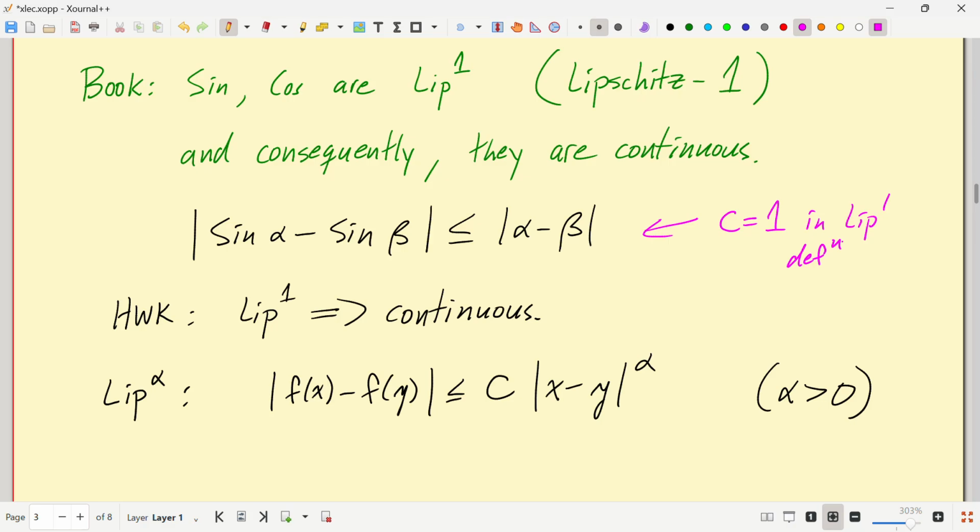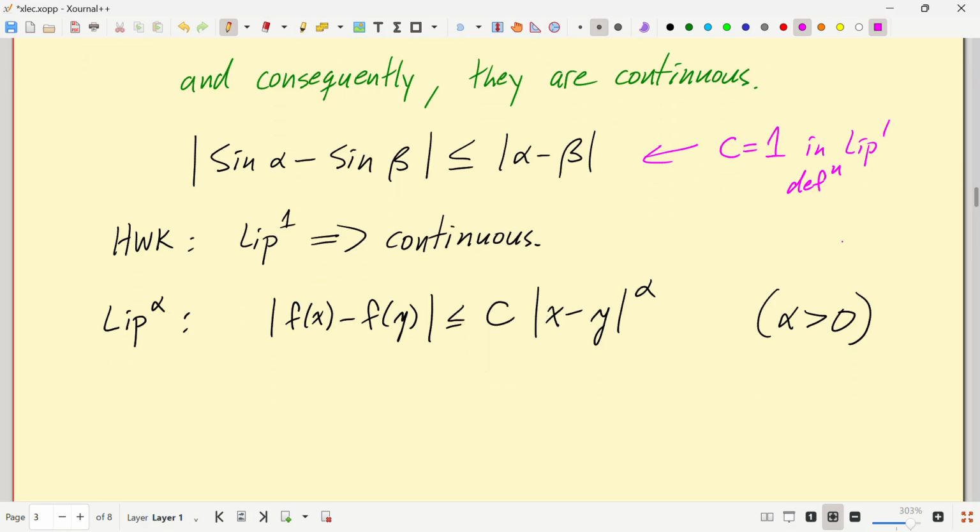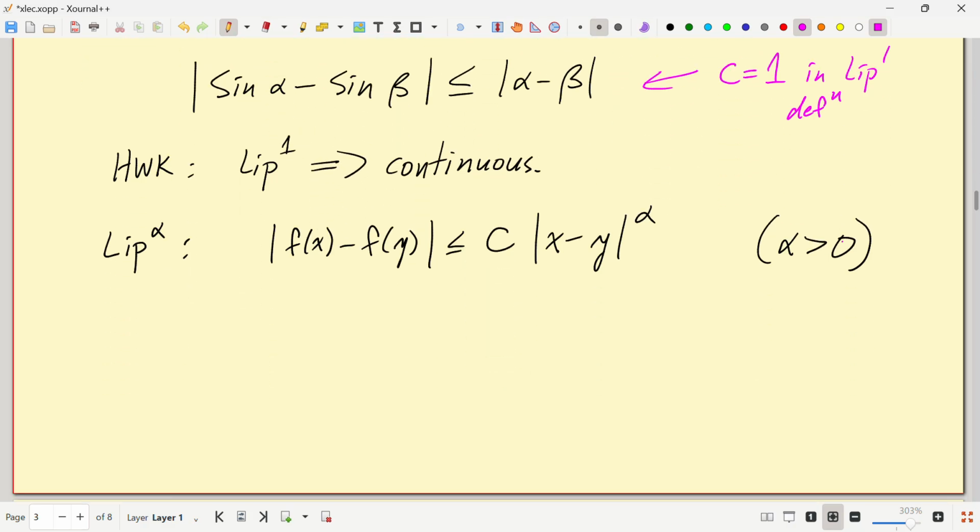Okay, so now I want to have some more fun with the material in the next section, section 5.3, about continuous functions on a closed interval. You learned facts about continuous functions on a closed interval back in freshman calculus.